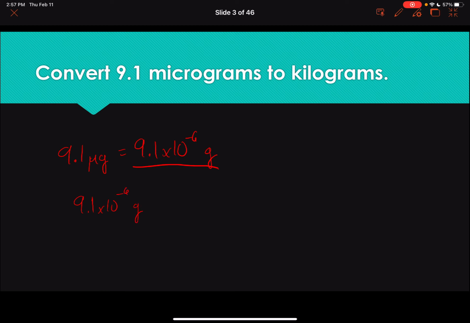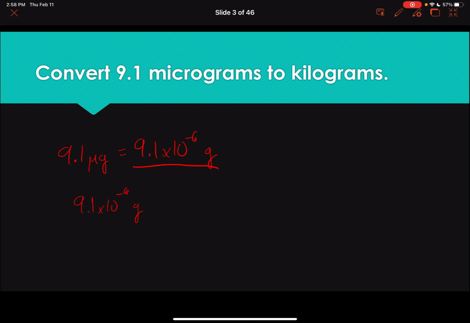But now I want to get to kilograms. Well, kilo is 10 to the power 3. If we want to move up or down this chart, all you need to do, once you're at the base unit, is divide by the power it gives you.